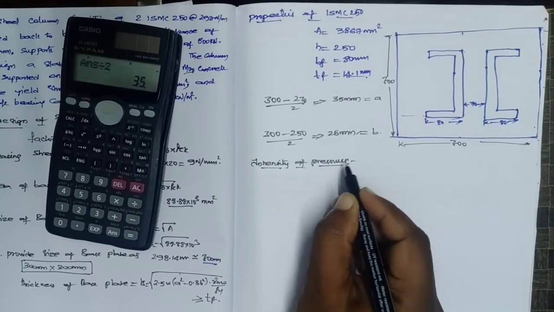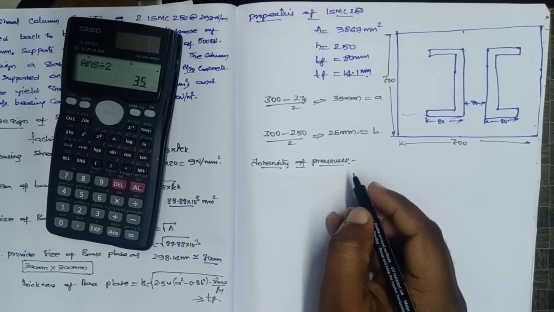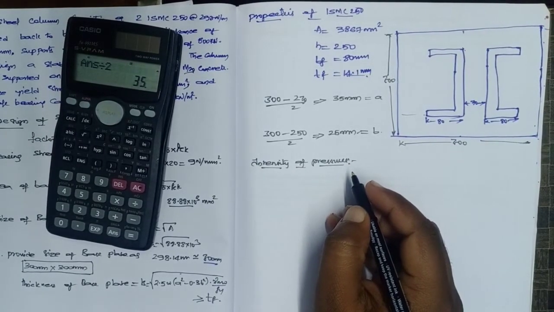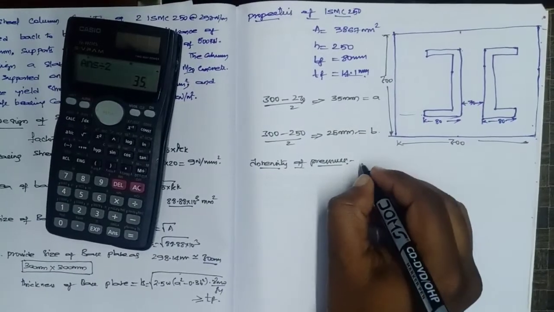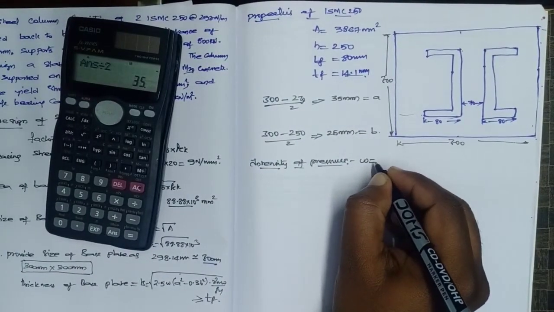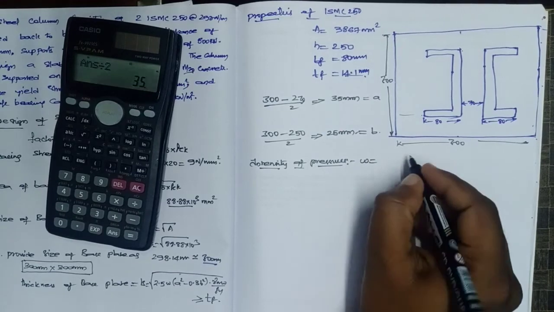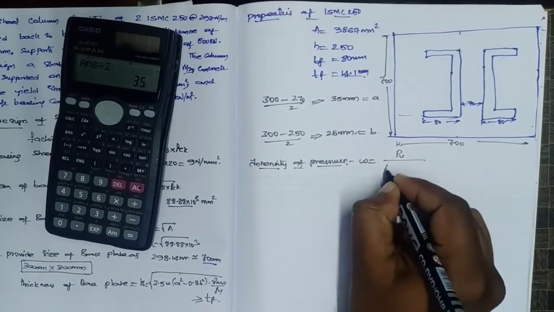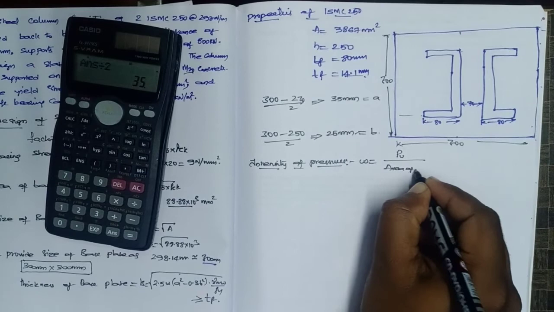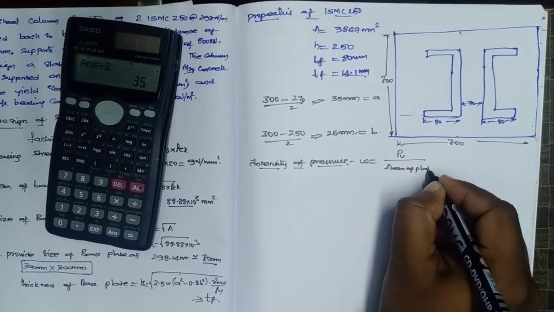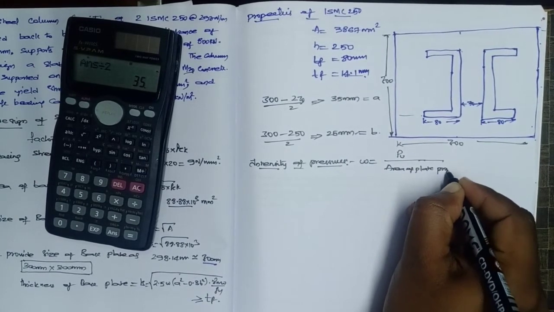Intensity of pressure, that is denoted by W, which equals PU by area of base plate provided.